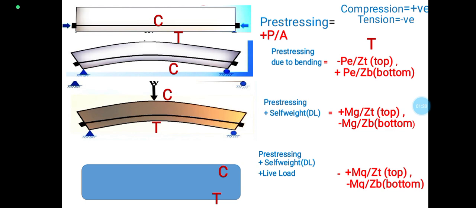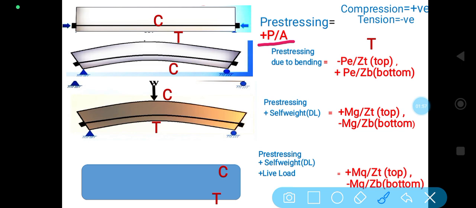Since we are trying to pre-stress a concrete beam, and concrete is very strong in compression, the general sign convention considered for compression is positive. And therefore the stress developed completely due to the pre-stressing action is taken as P by A.